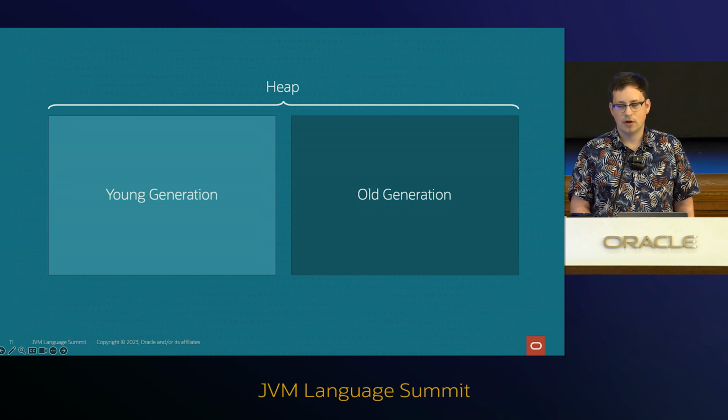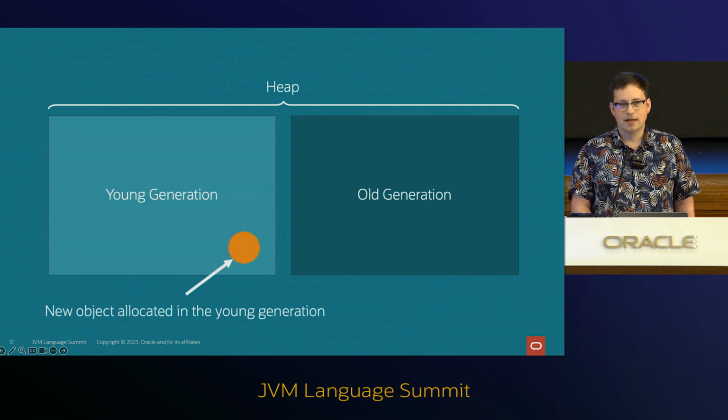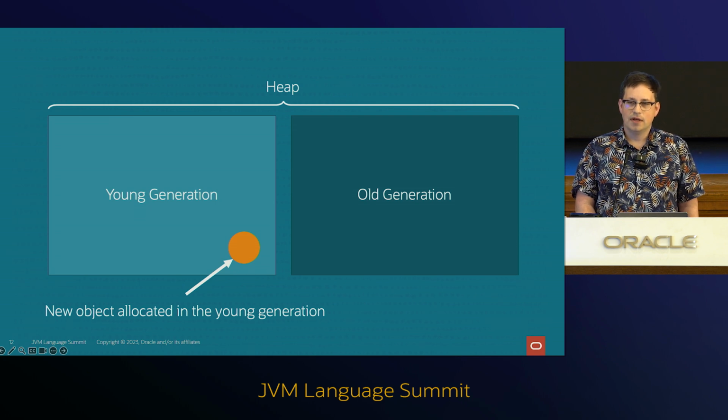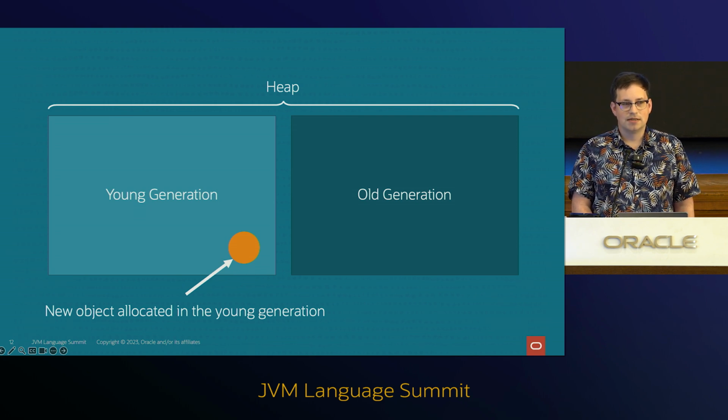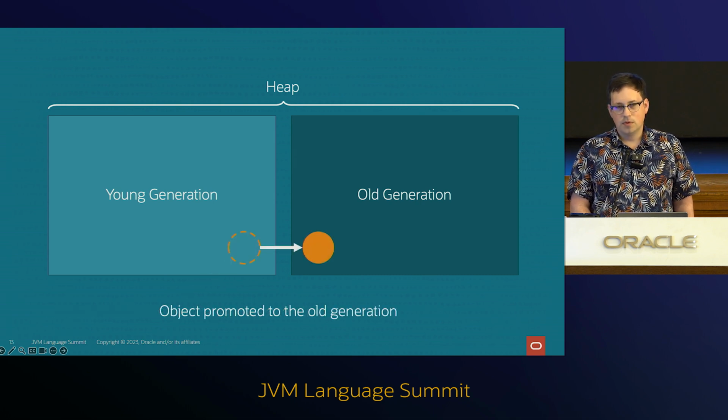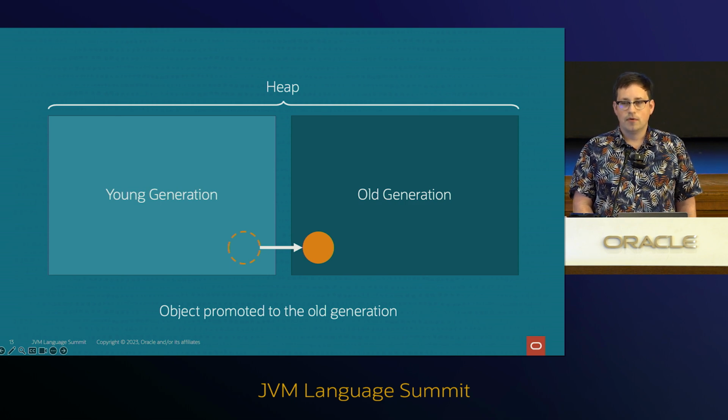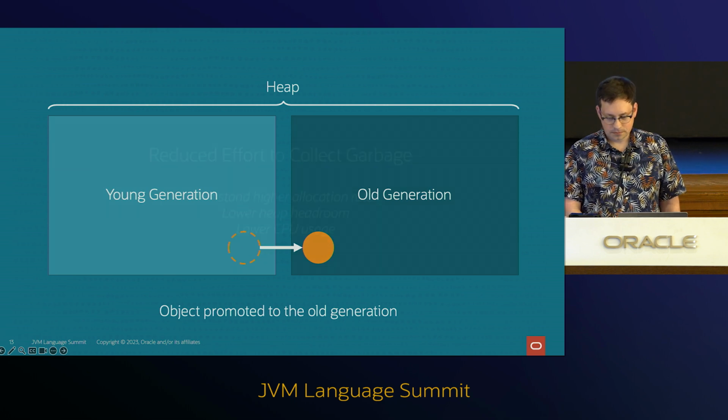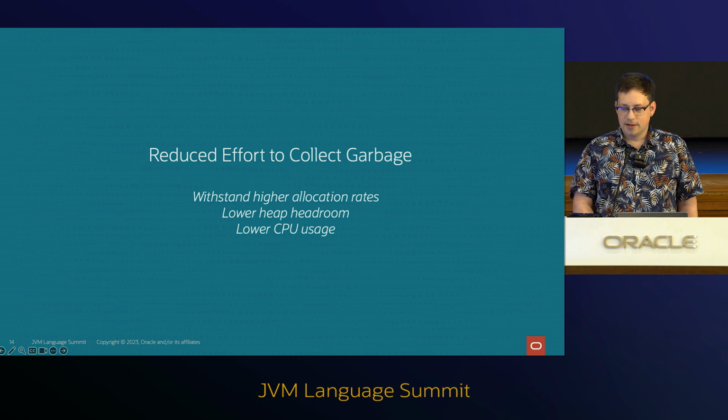When you allocate an object, it first gets allocated in the young generation, and only after it's survived a number of young generation collections, it gets ready to get promoted to the old generation. Most of the objects won't get promoted to the old generation, and therefore reclaiming memory in the young generation is significantly more profitable. So what this buys us is the ability to withstand higher allocation rates while using less memory and less CPU.